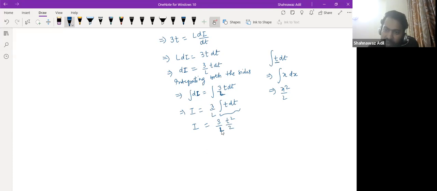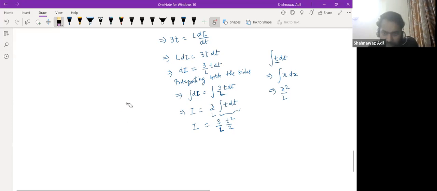Plus c. This is an indefinite integral because we don't know the limit. But let's forget about this c part, because v is varying like 3t. So at t equals 0, v is 0, so the current would also be 0.